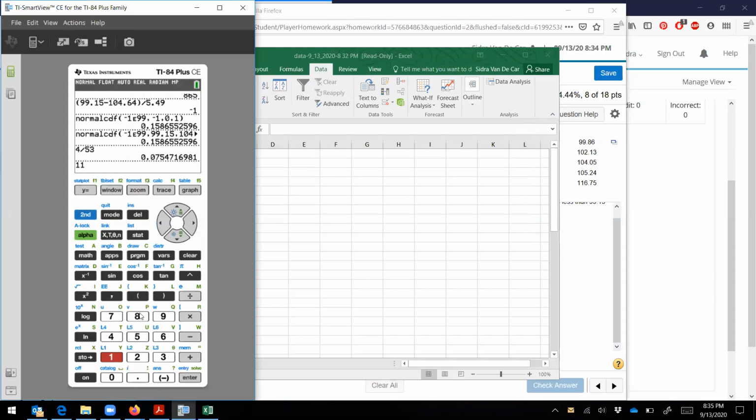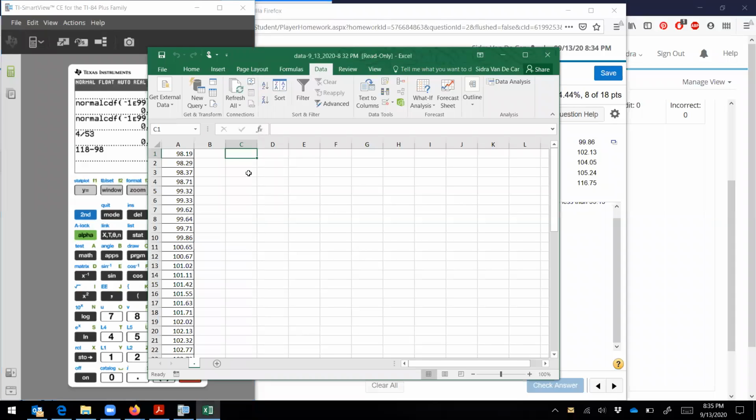So I need 118 to capture all of it. And 98 is the lowest. So that is 20. So let's go by groups of 4. That should give me about 5 bins. So 98 to 102, and my next one would be 106, and then my next one 110, and then 114, and then 118 should be the upper bin.